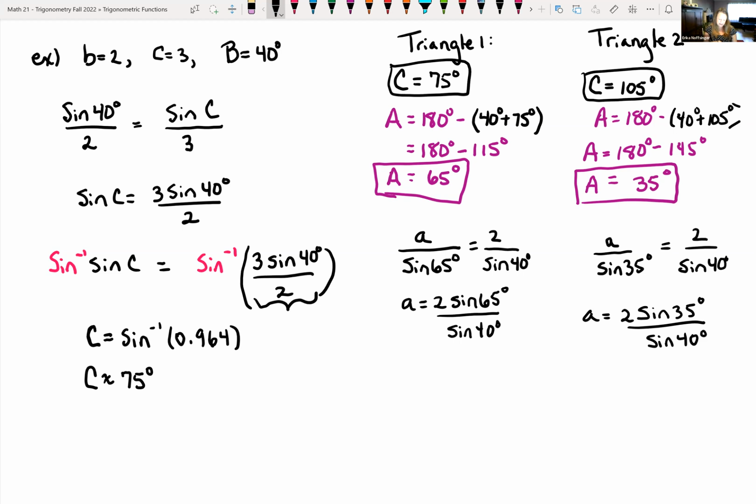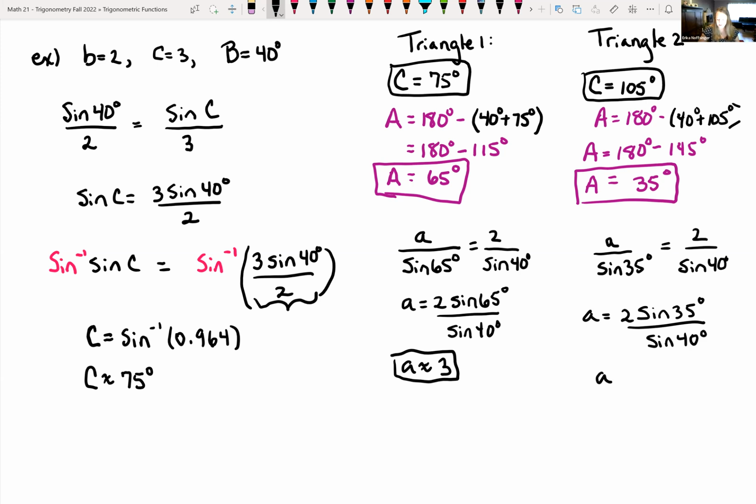So plugging that in, I have 2 sine 65 all divided by sine of 40, which gives us approximately A in our first triangle is approximately 2.8 or 3, rounding to the whole.